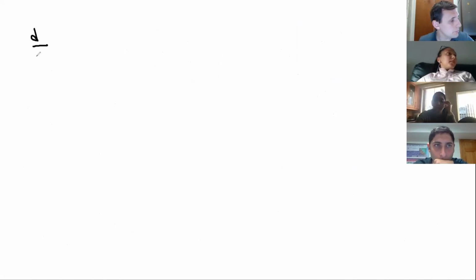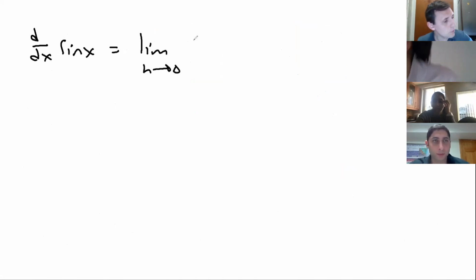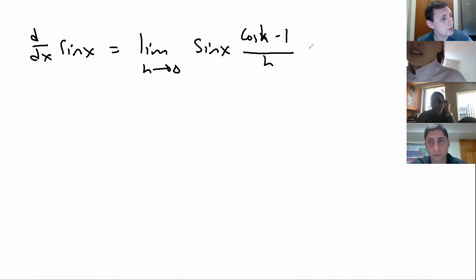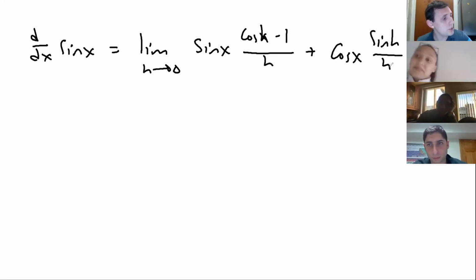So that means that the derivative of sine x, which was the limit as h goes to 0 of sine x times cosine h minus 1 over h plus cosine x sine h over h.